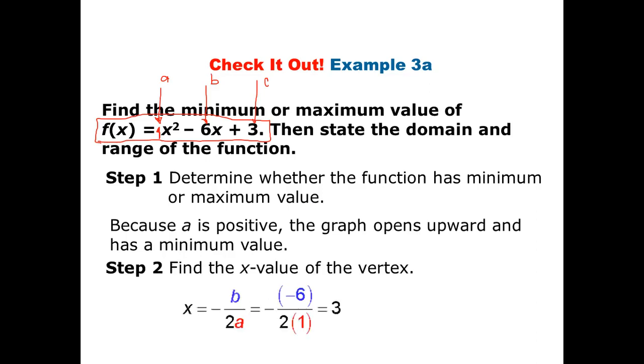Step 2, so that we can get the minimum value of x, we use again that formula, negative b over 2 times a.